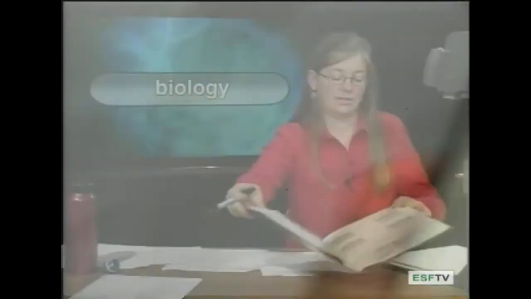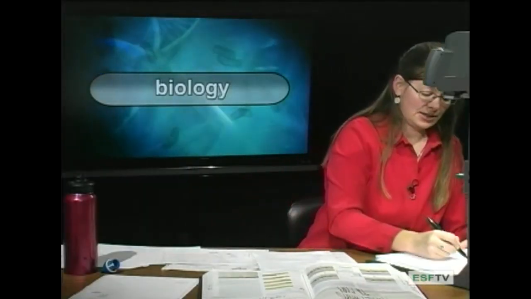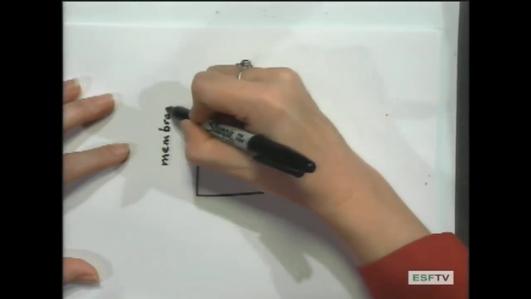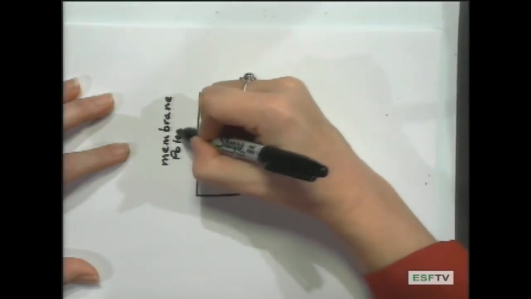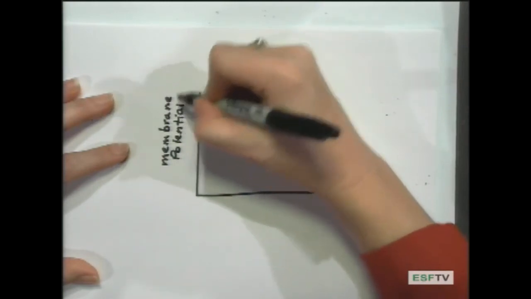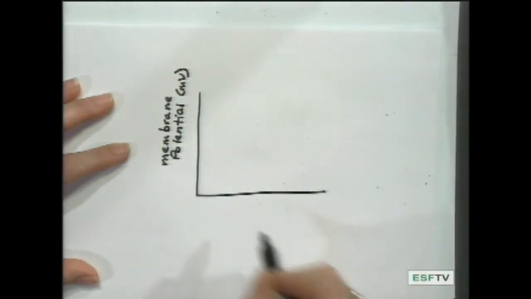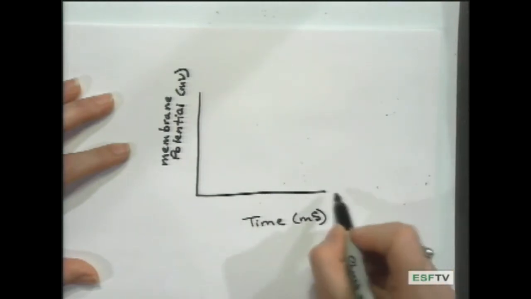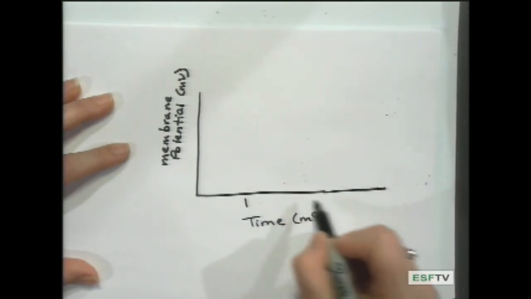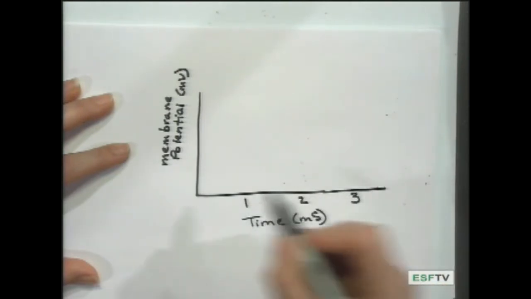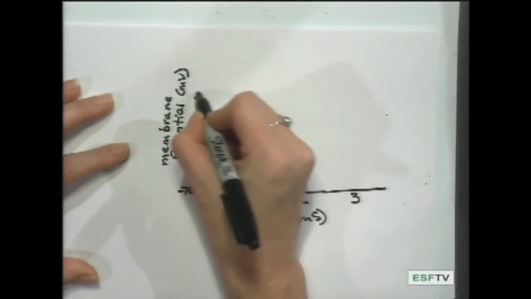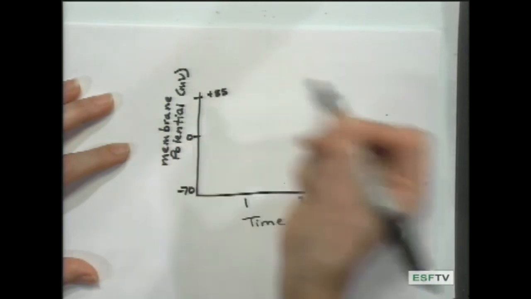And let's draw this particular graph to see this. So here's the membrane potential in millivolts, and this is time in milliseconds. And here's -70, here's 0, and here's +55 or so.